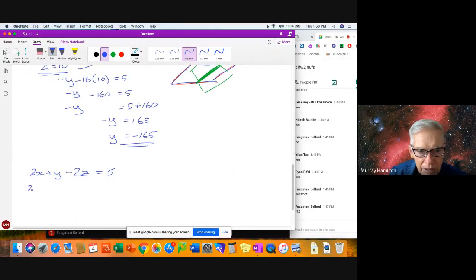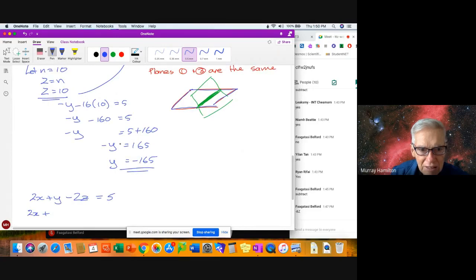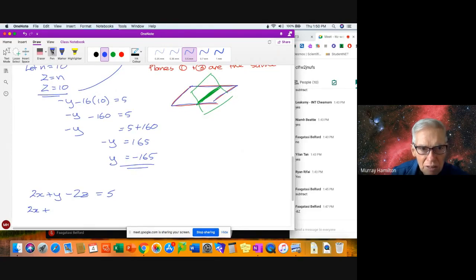So I'm going to find out what x is. So 2x plus, instead of the letter y, I'm going to use the number negative 165, minus, instead of the letter z, I'm going to use 10. 2 times 10 equals 5.